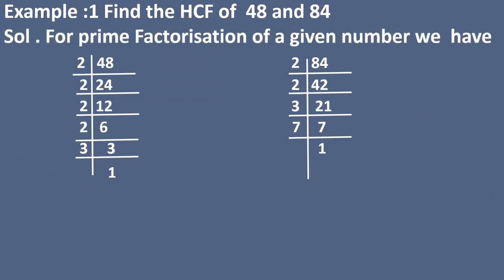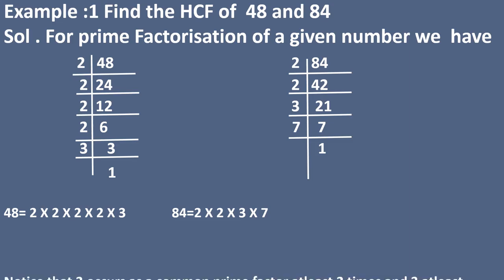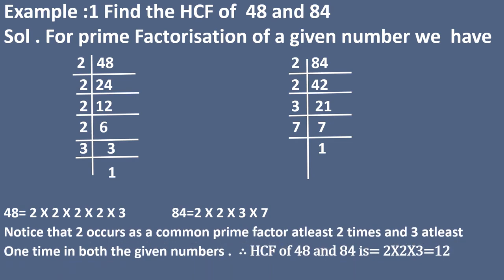Here I have found the prime factors of 48 and then of 84. 48 equals 2 multiplied by 2 multiplied by 2 multiplied by 2 multiplied by 3. 84 equals 2 multiplied by 2 multiplied by 3 multiplied by 7. Remember, as it is the prime factorization method, you have to use only the prime factors, prime numbers.